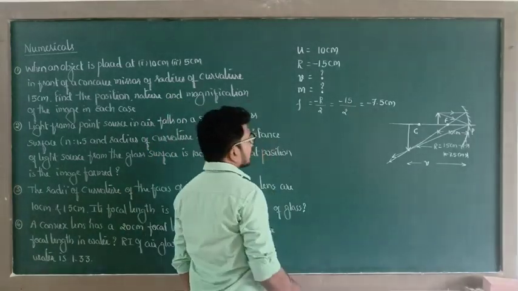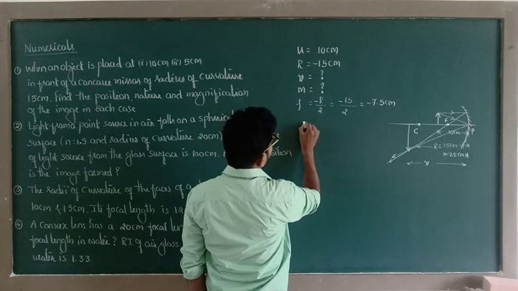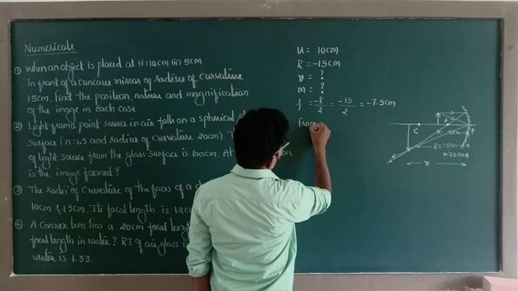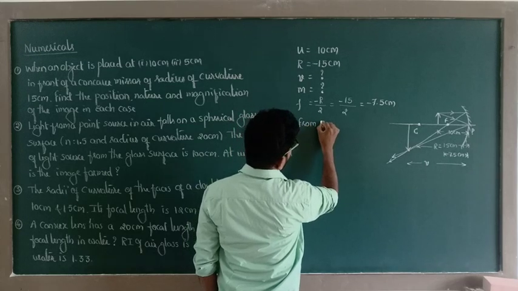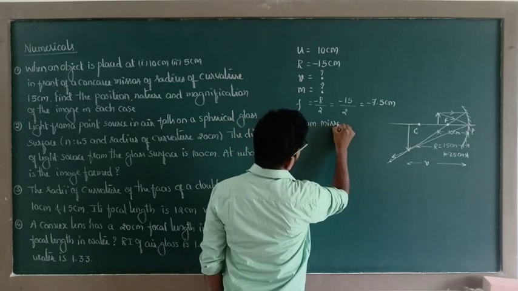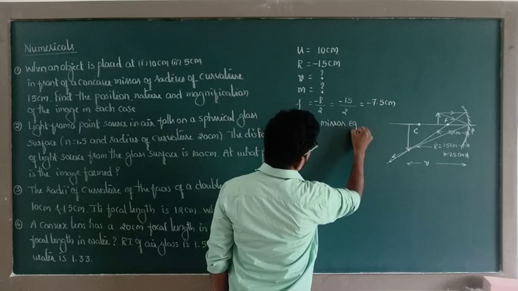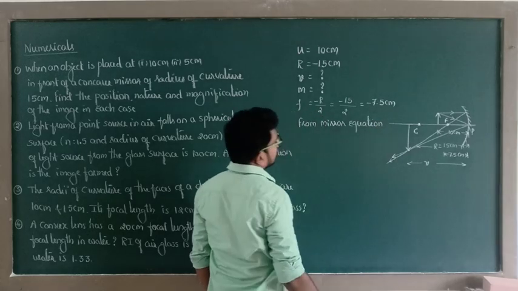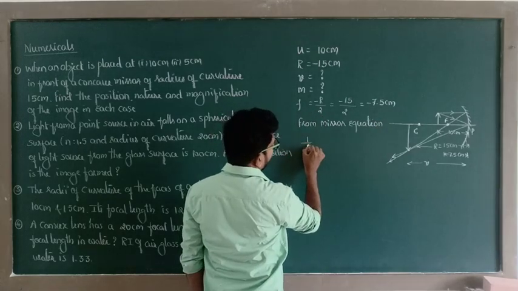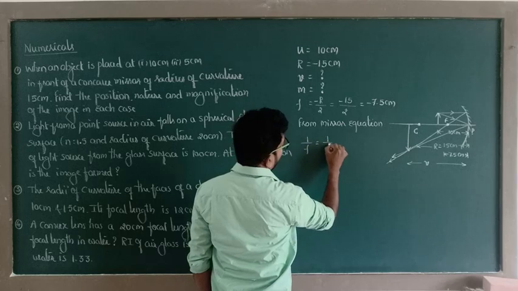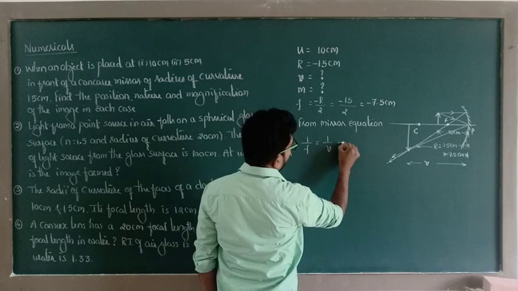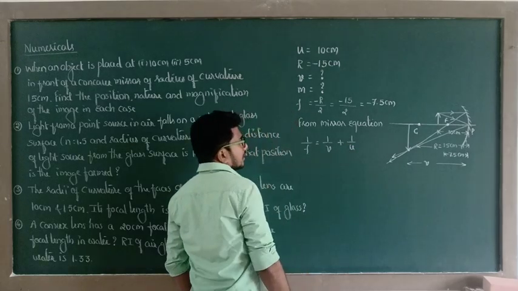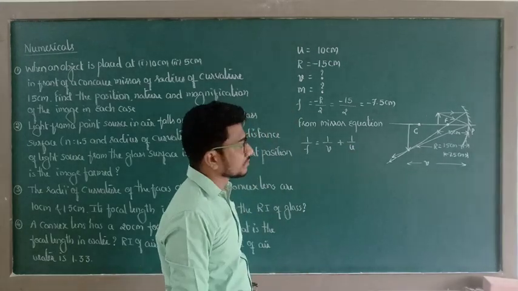We know the mirror equation is 1 by f is equal to 1 by v plus 1 by u.